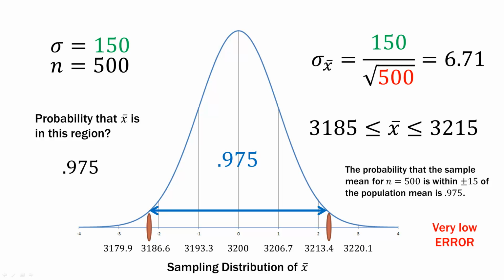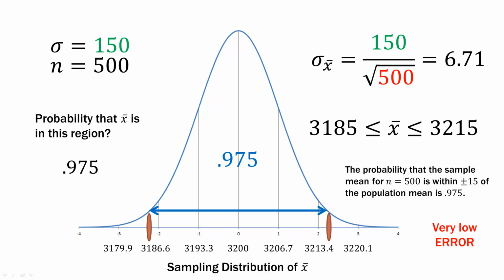And why is that? That's because our sample size was large. So the large sample size decreased the standard error of the mean, which is another way of saying it decreased the standard deviation of this distribution, and therefore it pushed the curve in closer to the middle, making the points here appear further out.